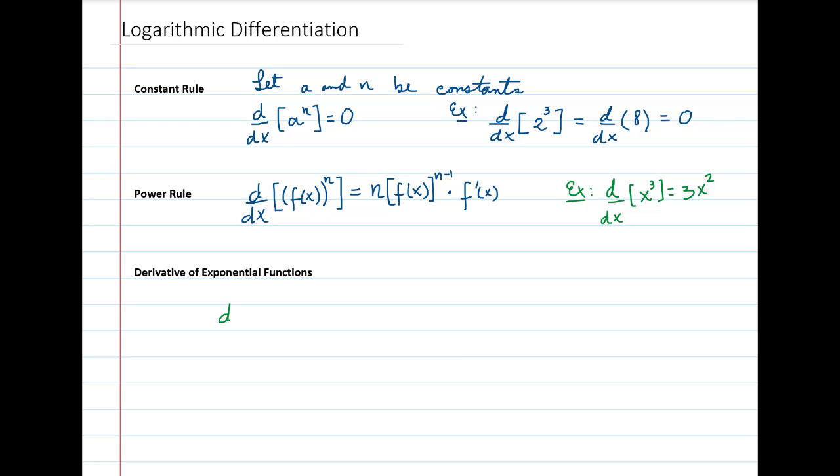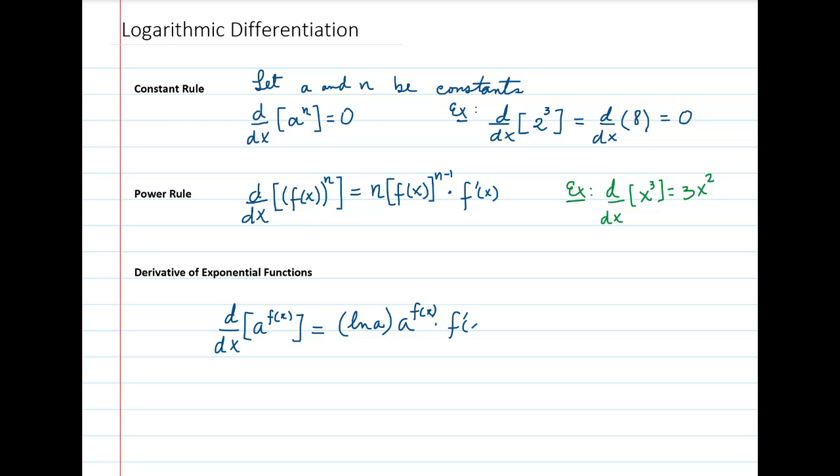But our next example is the derivative of exponential functions, right? And we have a rule for that. So if we take the derivative of some exponential function, we have a rule that says that the derivative of a to the x is equal to the natural log of a times a to the x. Now changing x to f of x, and remember we've generalized all these rules with the chain rule.